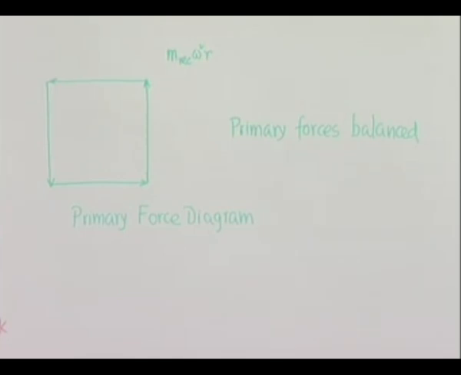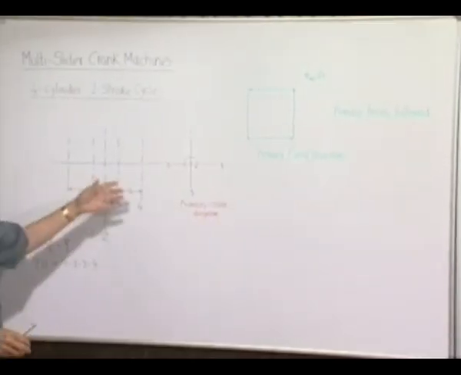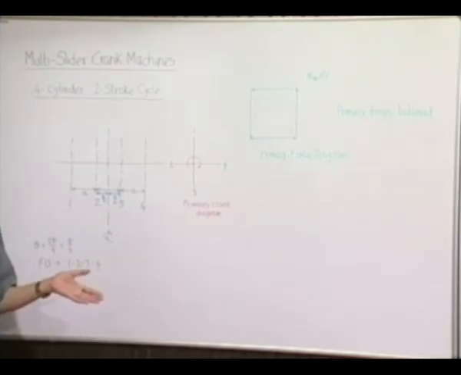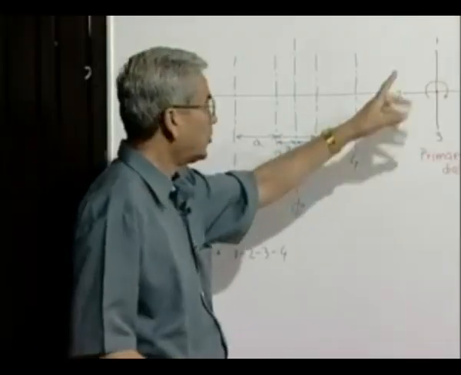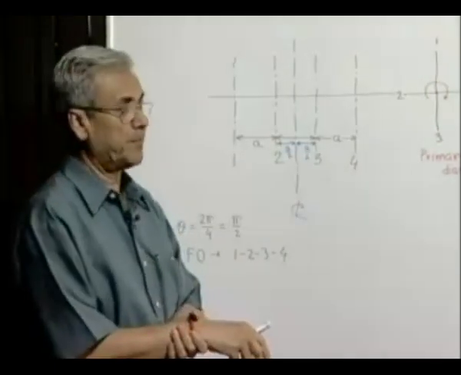It means that the primary components of the forces produced by the 4 cylinders neutralize each other. So there will be no unbalanced effect on the bearings due to the primary forces.